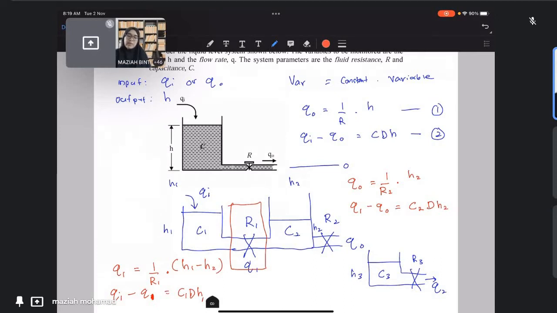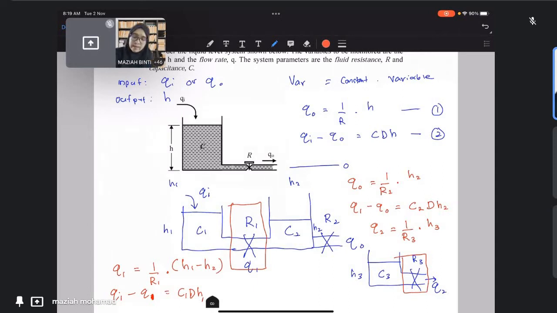As for tank number 3, again we consider that at the resistance here, therefore Q2 is equal to 1 over R3 multiplied with H3. Again, after the valve, the liquid level is considered as 0.